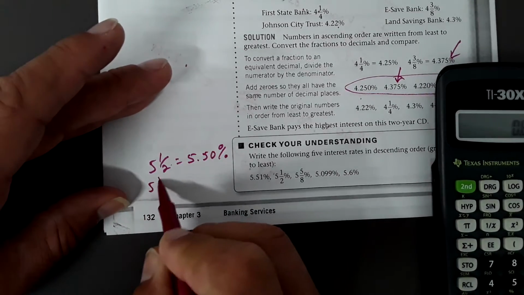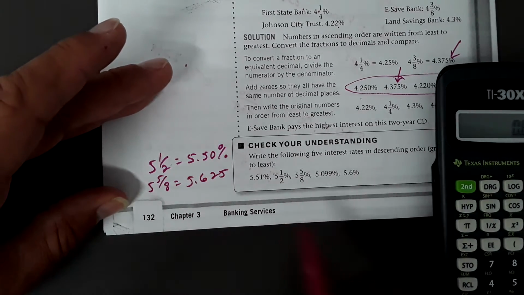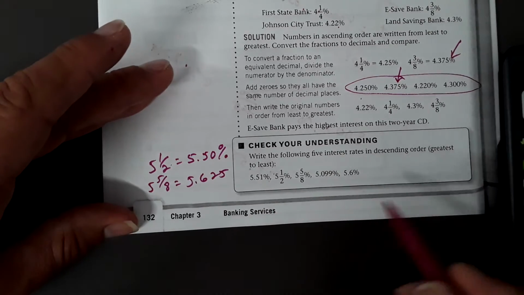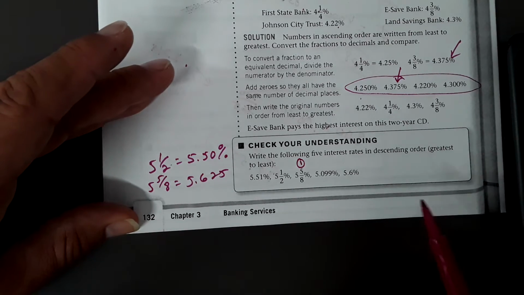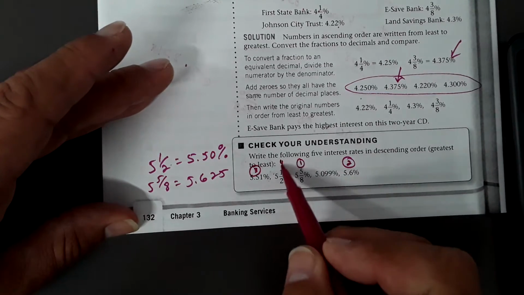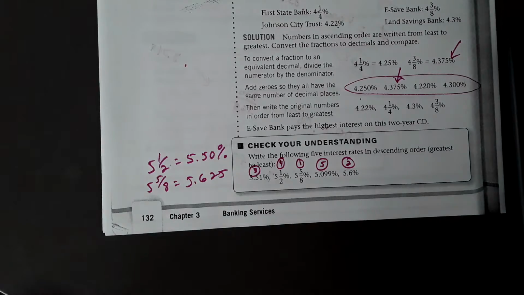So 5 5/8% is 5.625, and 5.625 would be the biggest out of all these. So this would be the biggest one, and then 5.6 would be the next biggest one. 5.51 would be the next biggest one. 5.5 would be the next, and then the smallest one would be 5.099%.